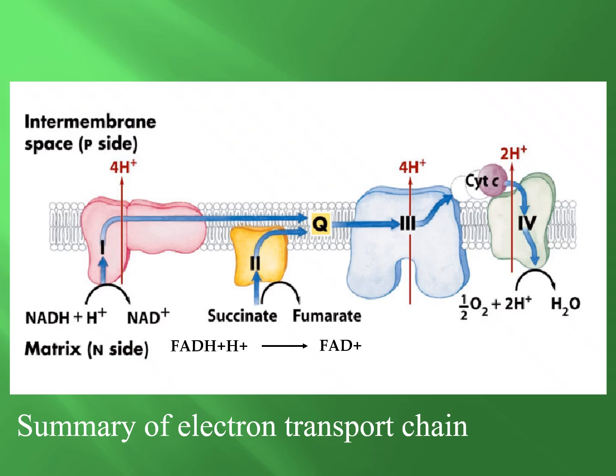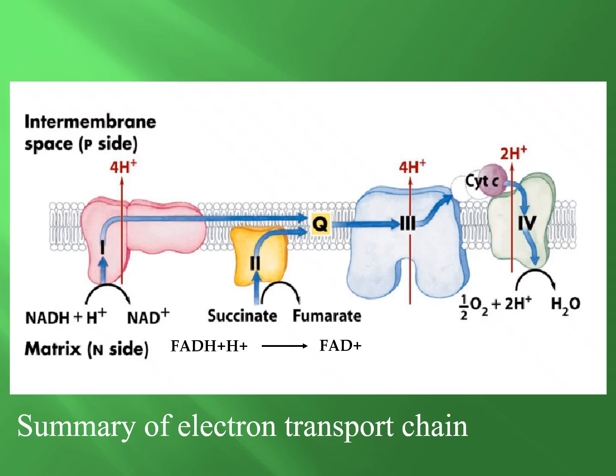And similarly, when FADH is oxidized by complex 2, then again the electrons are taken up by ubiquinone, that is a mobile carrier, and given to complex 3. Complex 3 gives the electron to cytochrome C, and then to complex 4, and the final electron acceptor is our oxygen, which is reduced to generate H2O. While this process is taking place, a number of H ions are being transported from the matrix of the mitochondria to the inner membrane space.